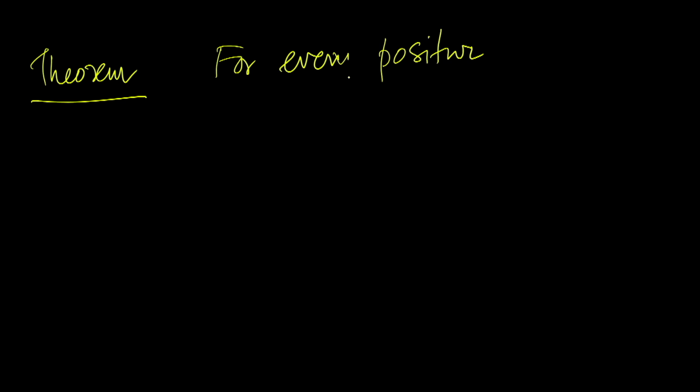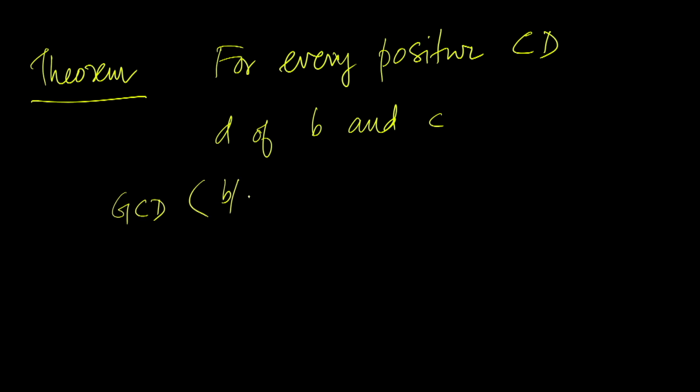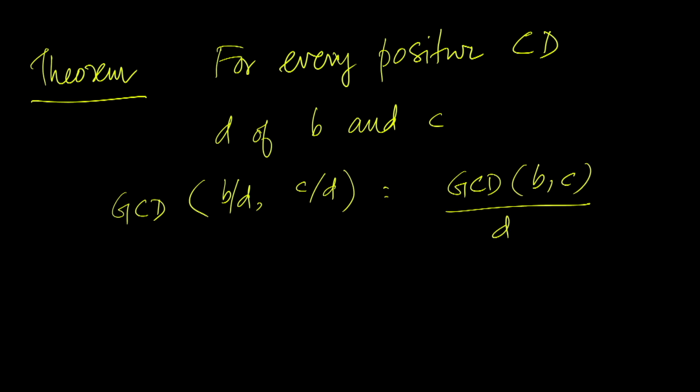A related theorem is this: for every positive common divisor D of B and C, GCD of B by D, C by D is GCD of B and C divided by D. How do we prove this?